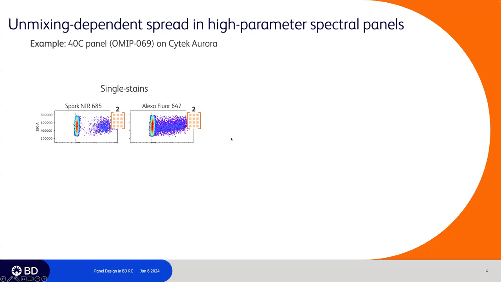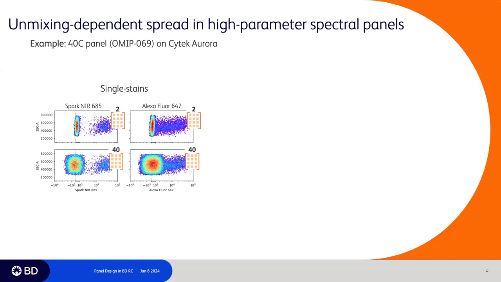However, if you take those exact same samples and apply a different matrix to them, in this case a 40 color matrix, you can see that the single stains are affected by this unmixing dependent spread, and this leads to widening of the negative population and a loss of resolution. So in this case, you can no longer accurately gate on those dim events.